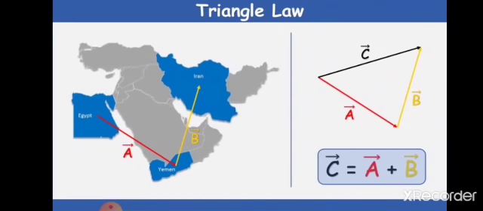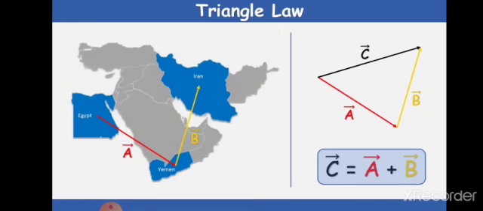Let us see the first one, the triangle law of vector addition. It states that if two vectors are represented in magnitude and direction by two sides of a triangle taken in the same order, then the resultant vector is represented completely by the third side of the triangle taken in the opposite order.